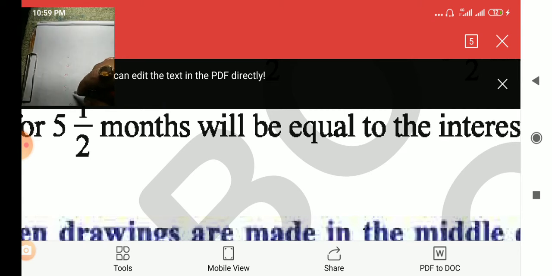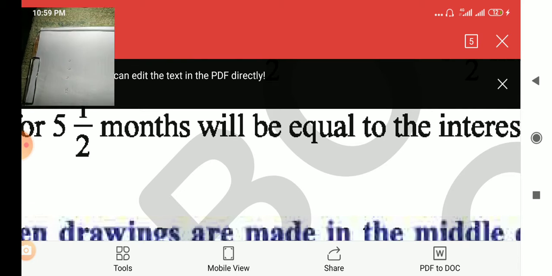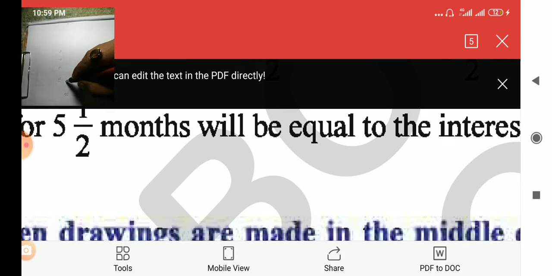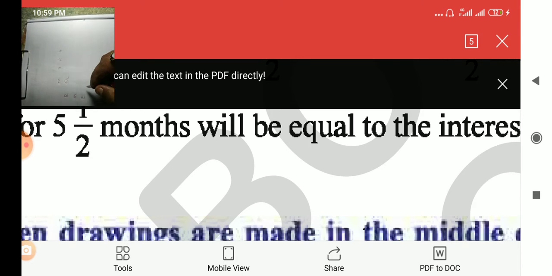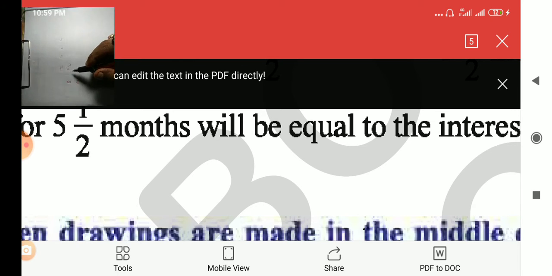Then for 12 month, only remember this. Here we are going to see how many months we are going to calculate for interest on drawing. If 12 month beginning, so 6 and half. Only remember this.